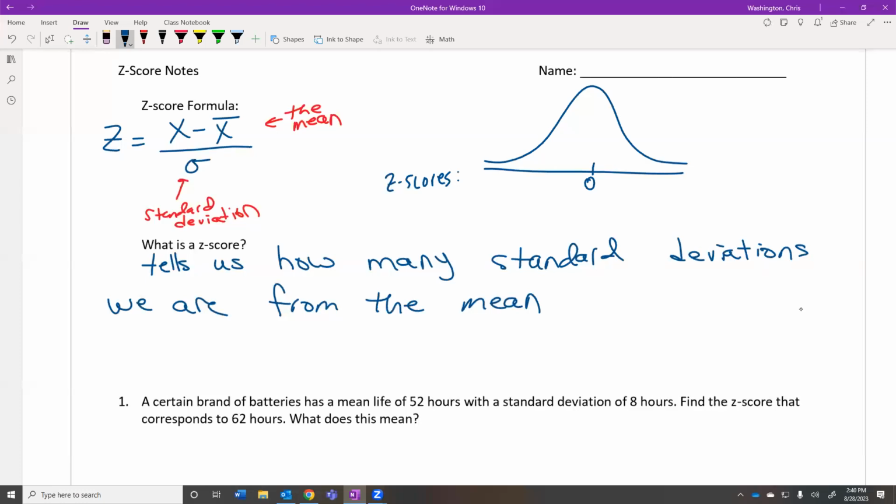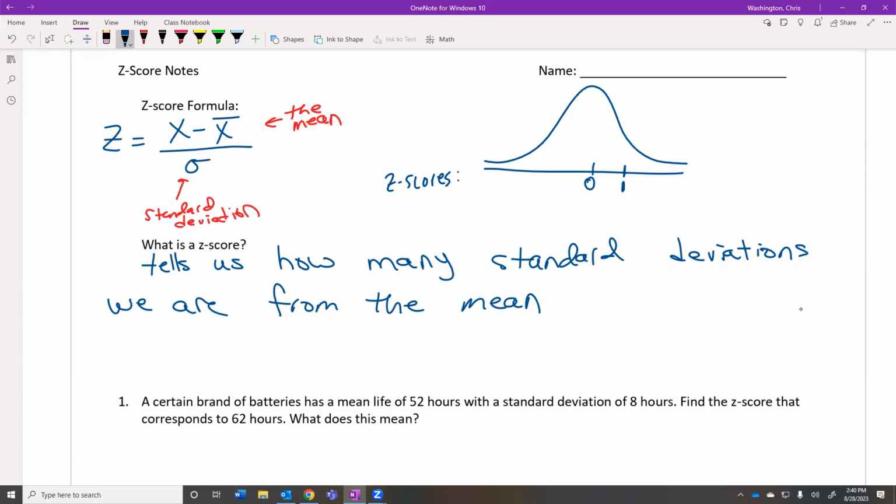What about this number up here? We take the average and we add one standard deviation. That would be a Z-score of 1 because it's one standard deviation away from the mean. In our example number 3, the standard deviation was 5.